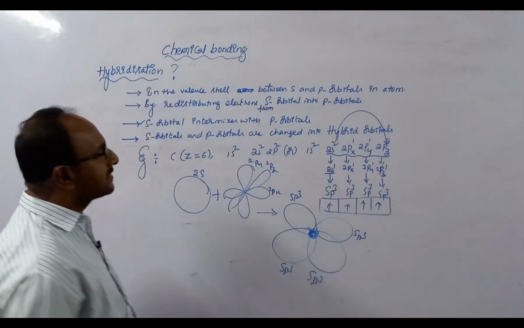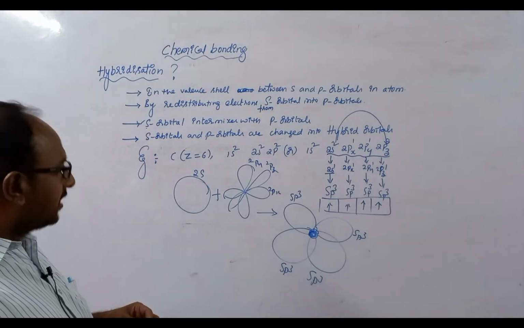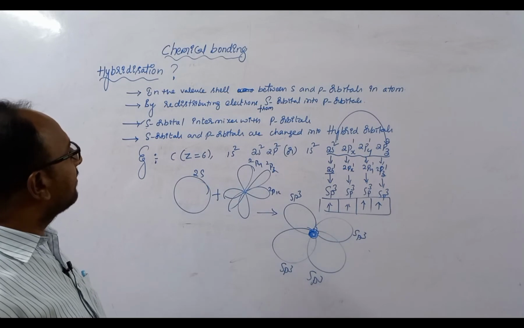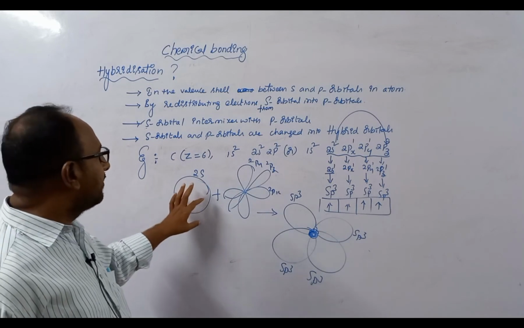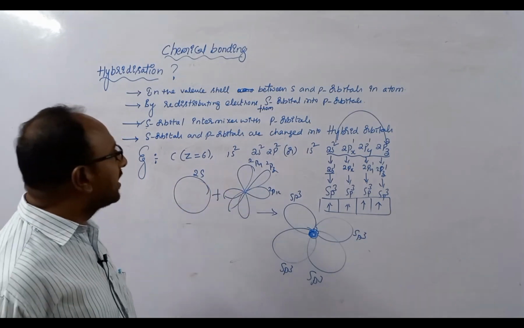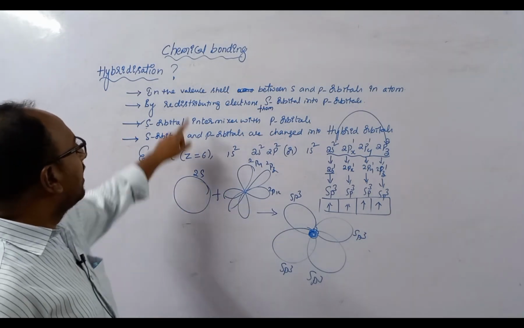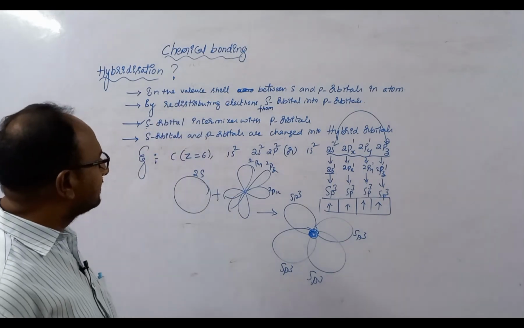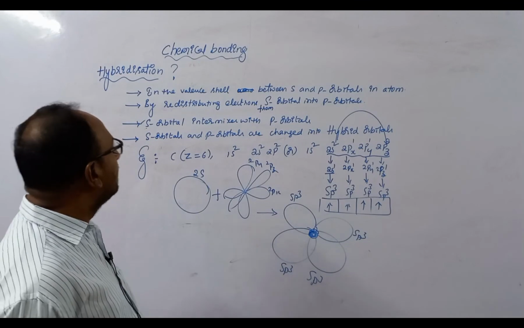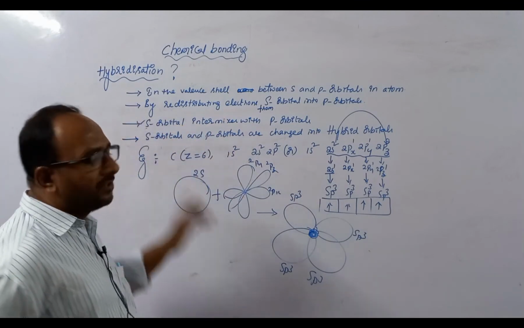From this we can write what hybridization is: the phenomenon of intermixing of orbitals in the valence shell having almost equal energy by redistributing electrons is called hybridization.